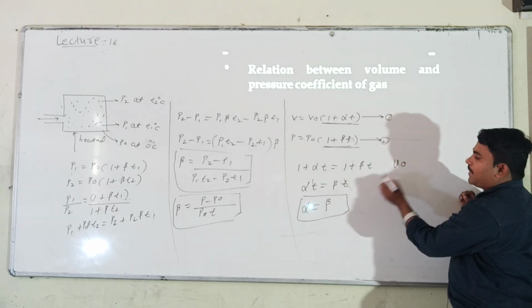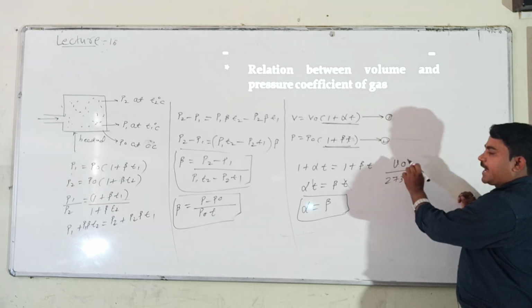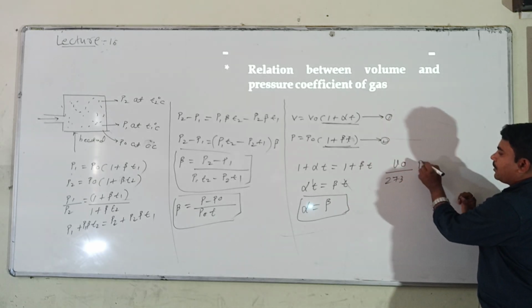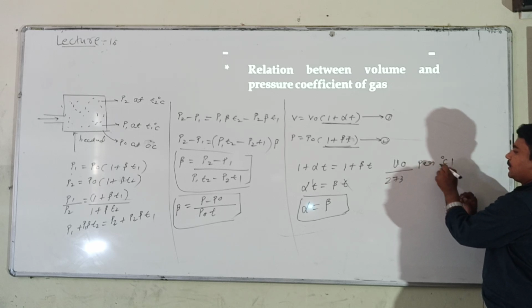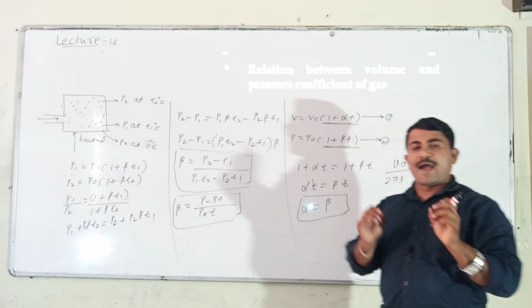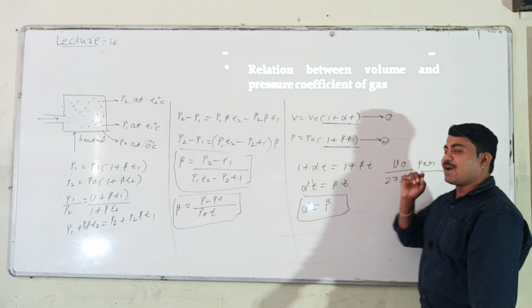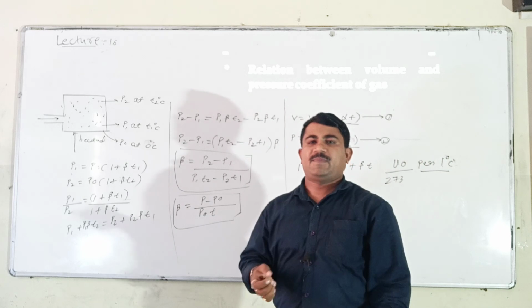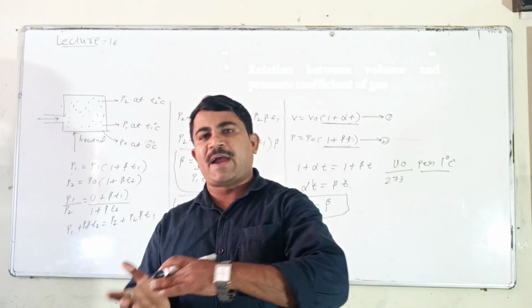Alpha or beta changes by 1 divided by 273 times of the original value per degree change in temperature, I mean per 1 degree Celsius. So these concern the volume expansion of the gas.